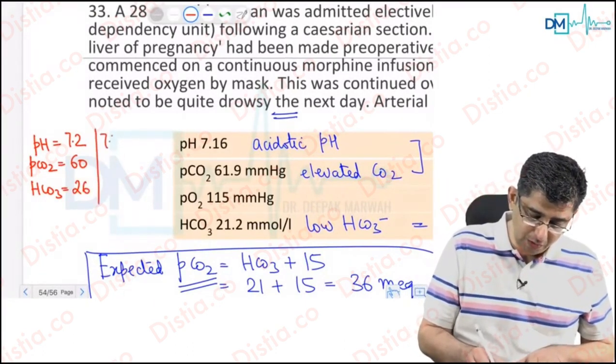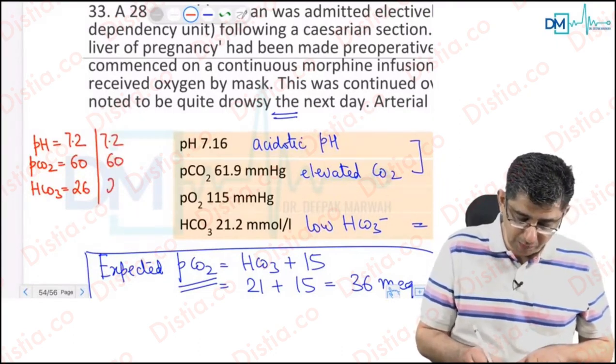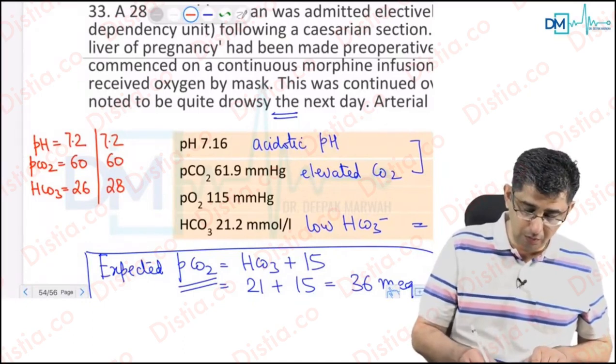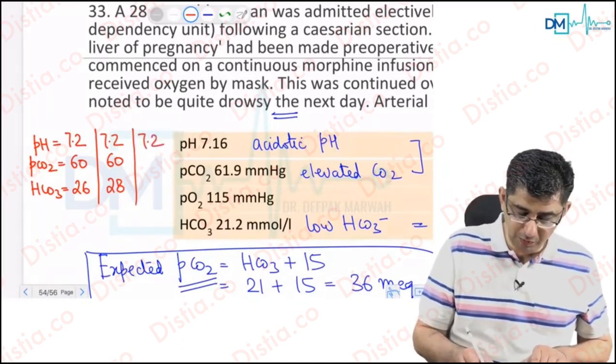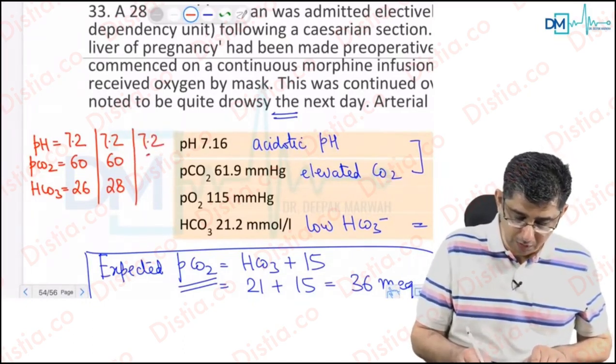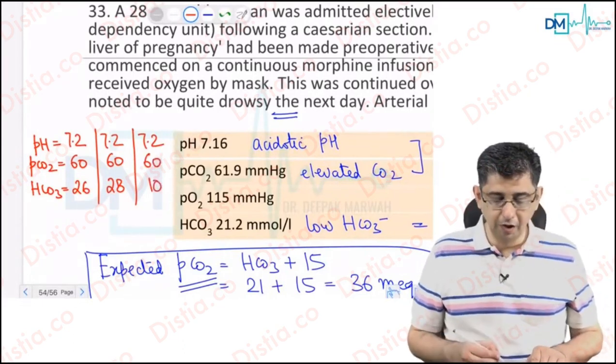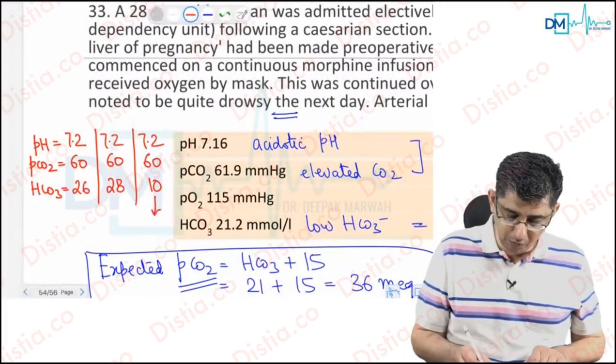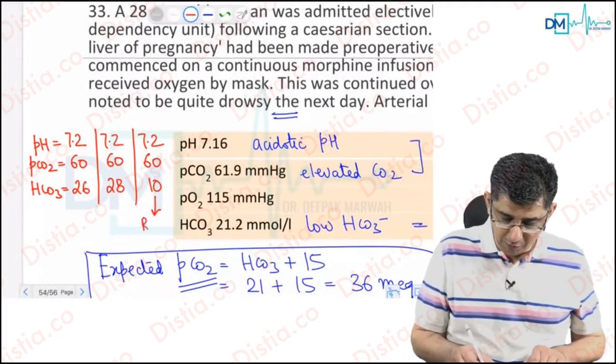Same question, everything kept the same, but there is an increase of bicarbonate, so it is partially compensated. Look at the next one. In this particular patient, the bicarbonate is only 10. In the last report that I've shown you here, this will be a combination of respiratory acidosis plus metabolic acidosis.